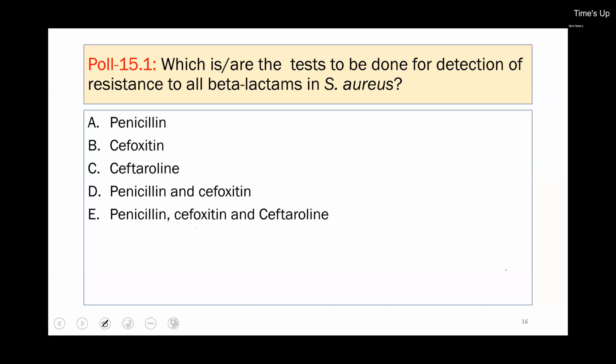Okay, so time is up. We'll end the polling. So a nice group of people have replied correctly. I shared the result.